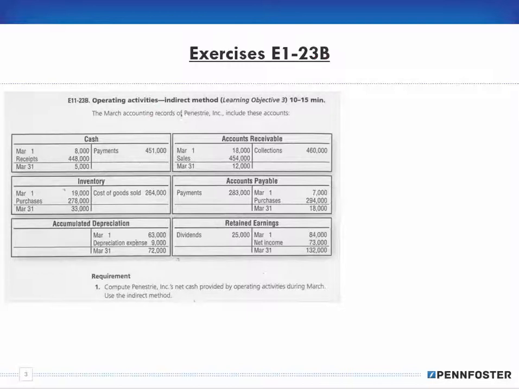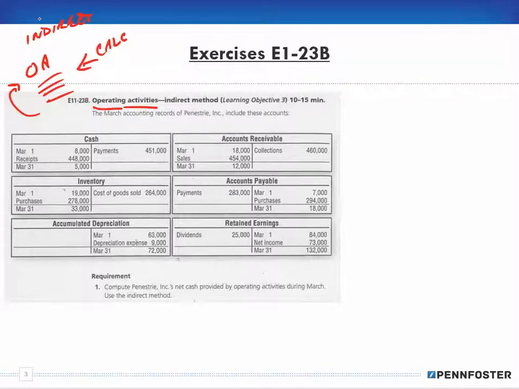Well, in the indirect method, in the operating activities section, you should have some idea what activities are involved in that section, and you are going to have to be able to calculate those particular figures.